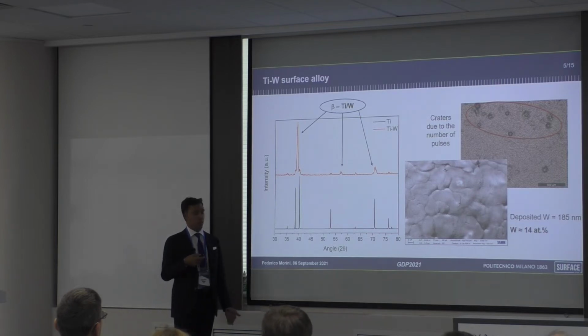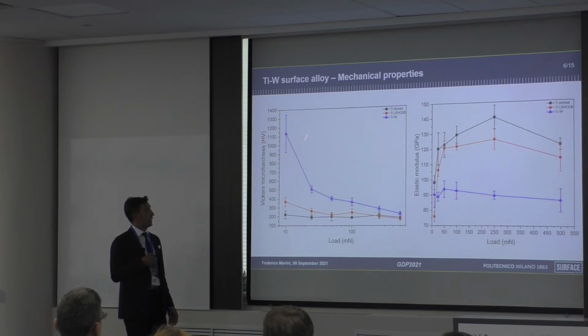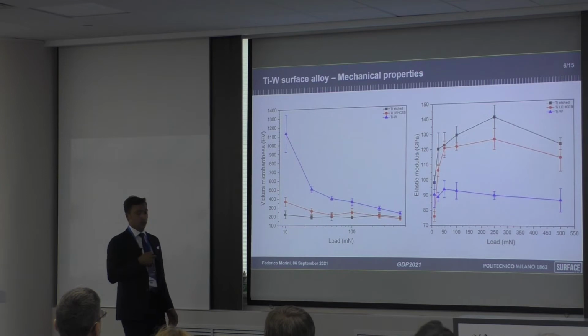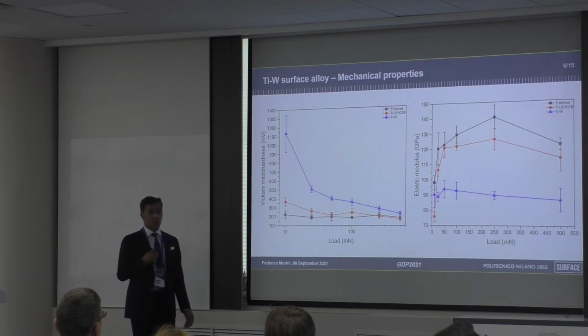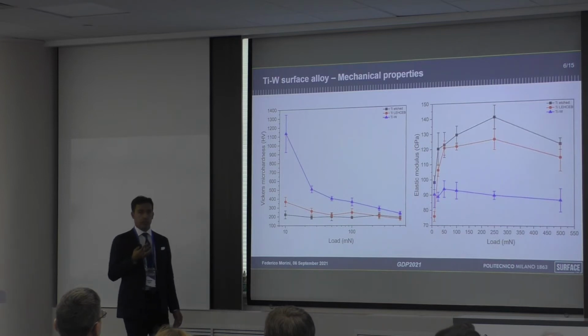But this is not a problem for applications and for other properties, because from a mechanical point of view, we tested the materials with a microindentation test in order to evaluate mechanical properties. Immediately, from the micro-hardness point of view, we noticed that titanium-tungsten surface alloys showed a very increased hardness, in particular when the applied load in microindentation is low, so we are in the range of high tungsten content.